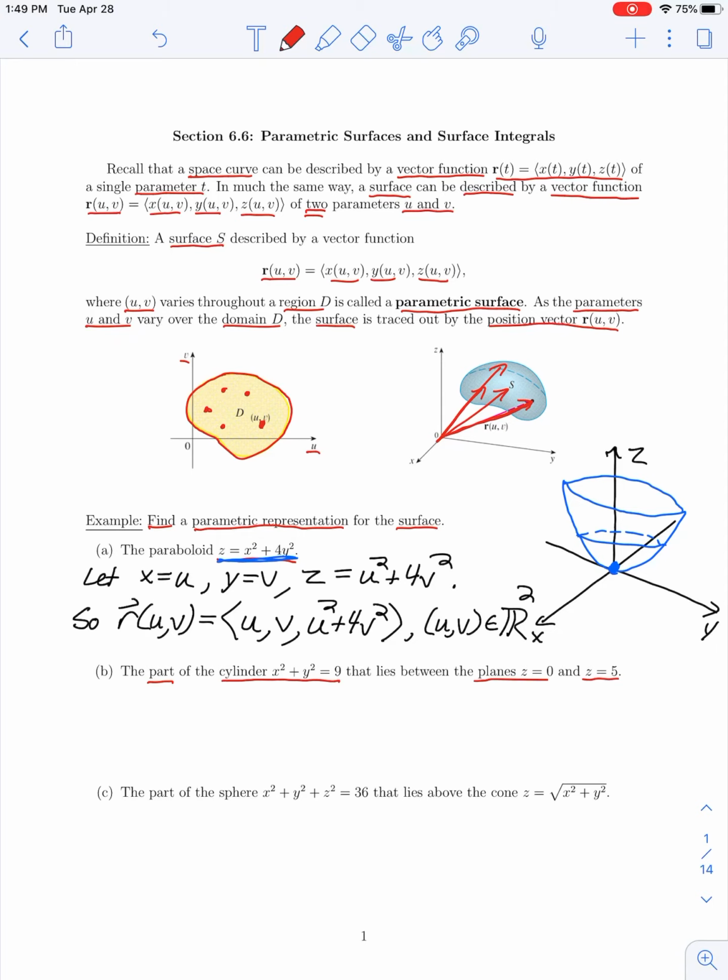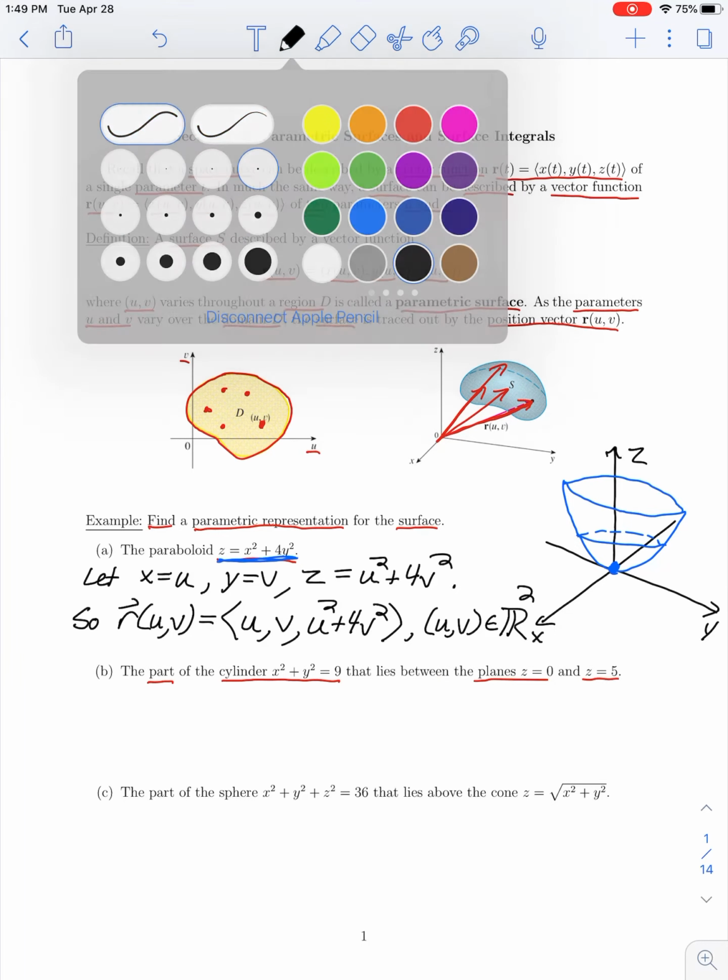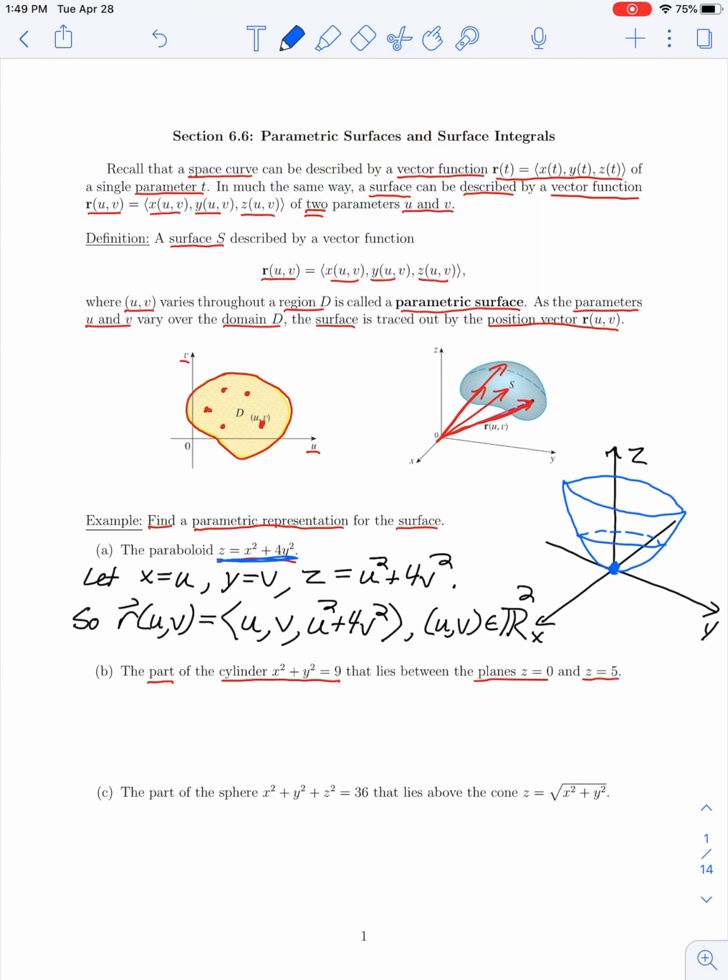So before we find our parameterization, let's think about sketching this surface. Here we're talking about part of a circular cylinder of radius 3 that lies between two planes, z equals 0 and z equals 5.